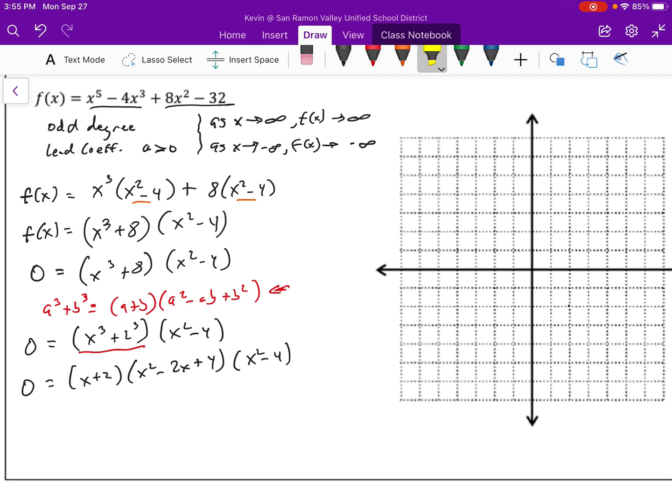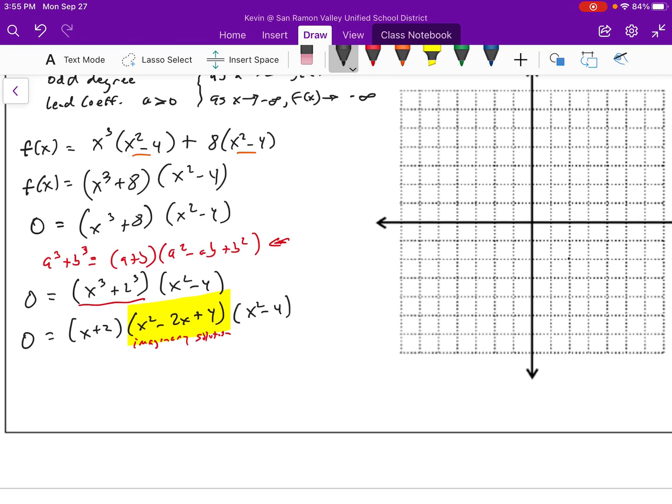Now, if you were to take this quadratic factor, set it equal to 0 and try to solve for it, you're going to wind up with a negative root, which we can't have. So this is what we call an imaginary solution. So we're going to basically just ignore that for now. We're not even going to worry about it.